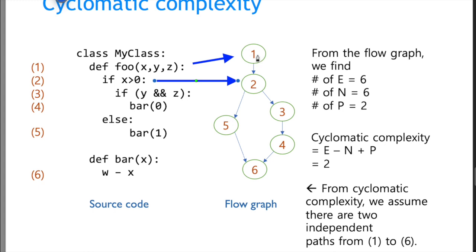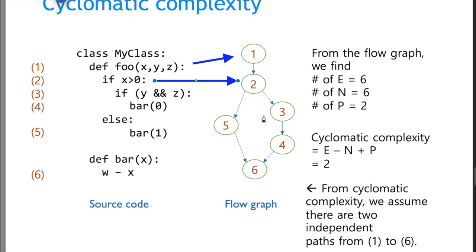Here is statement 1, then number 2 is if x is greater than 0. Because this is an if, there are 2 branches: one goes to the next statement, number 3, and the other goes to number 5.